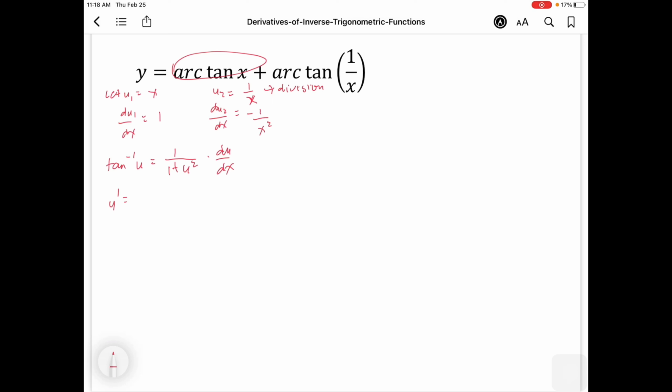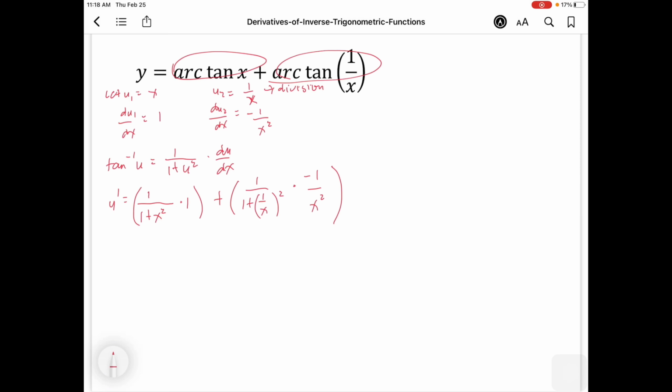So magkakaroon tayo dito ng 1 over 1 plus x squared times 1. Ito yung una. Plus itong second, magkakaroon tayo dito ng 1 plus 1 over x, then squared times negative 1 over x squared.